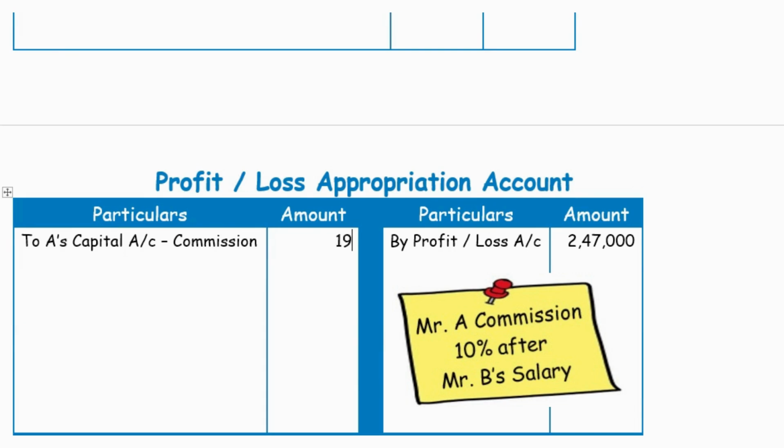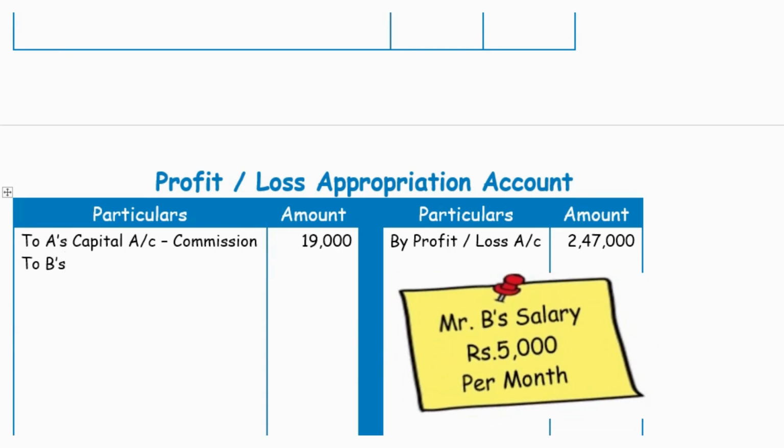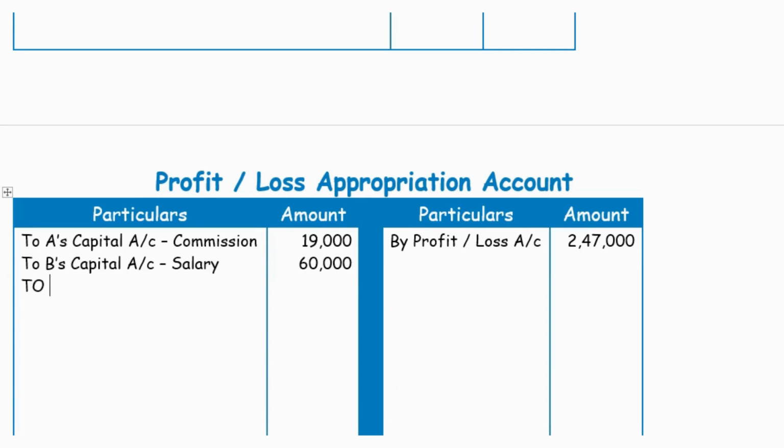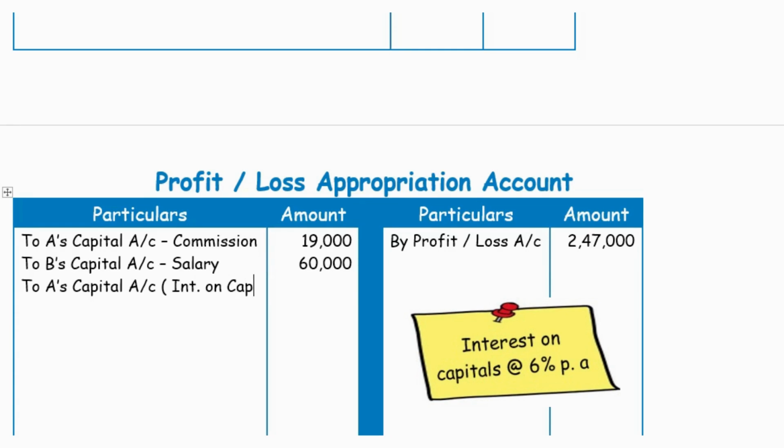It is 19,000 A has to get, and in B's capital account he will receive a salary of rupees 60,000, and then A's capital, again he will receive interest on capital. For space reasons I am writing it in short, 18,000.